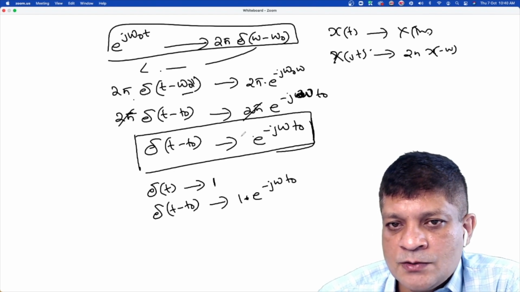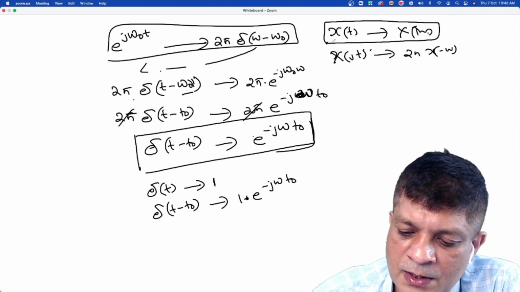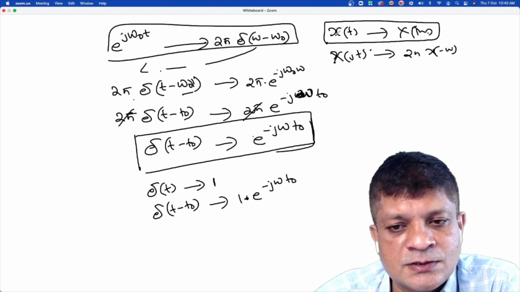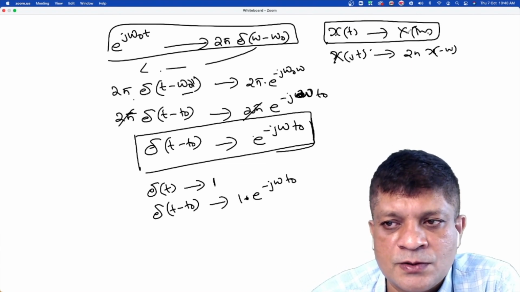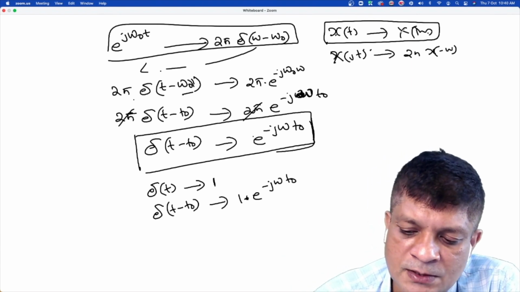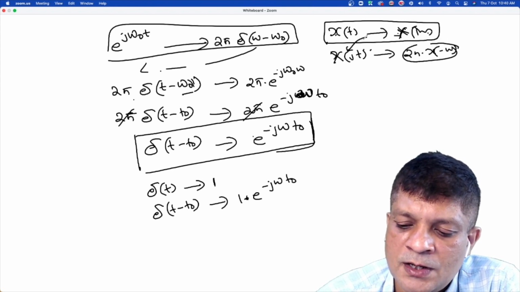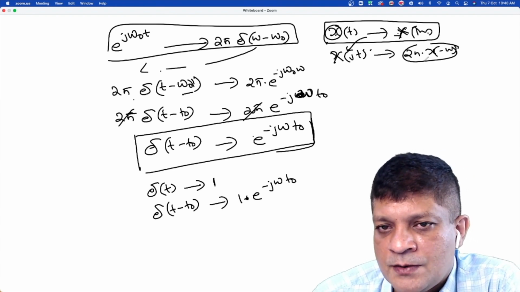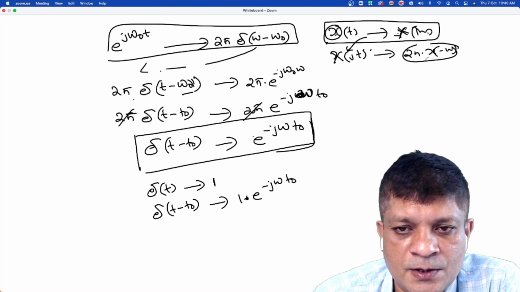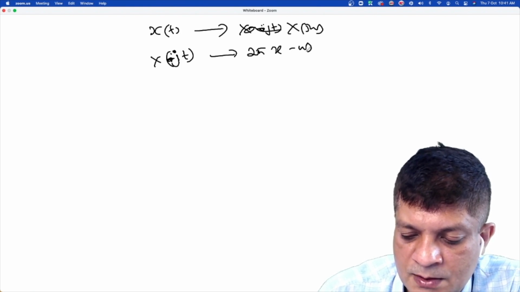Okay. So for applying this duality property, if you are given a Fourier transform pair, let's say small x is the shape of the signal in the time domain and capital X is that function in the frequency domain. Now if you consider a function having this shape in the time domain, its spectrum is related to this small x. This is how it is related. That is called the duality property: X(jt) is 2 pi x(minus omega).